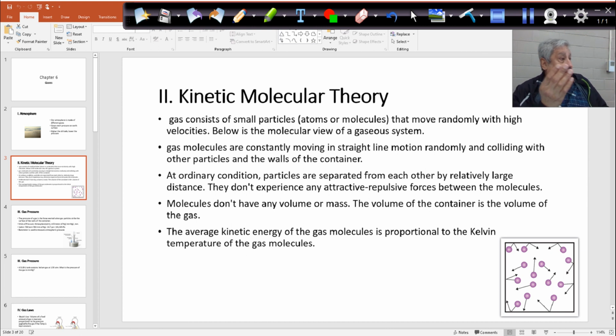Take air. Air is made of mostly 70-something percent, 75% nitrogen, about 24% oxygen, and less than 1% or close to 1% the rest: moisture, carbon dioxide, group 8 gases here, helium, neon, argon. That's air. Now, each molecule of those different gases is moving linearly.